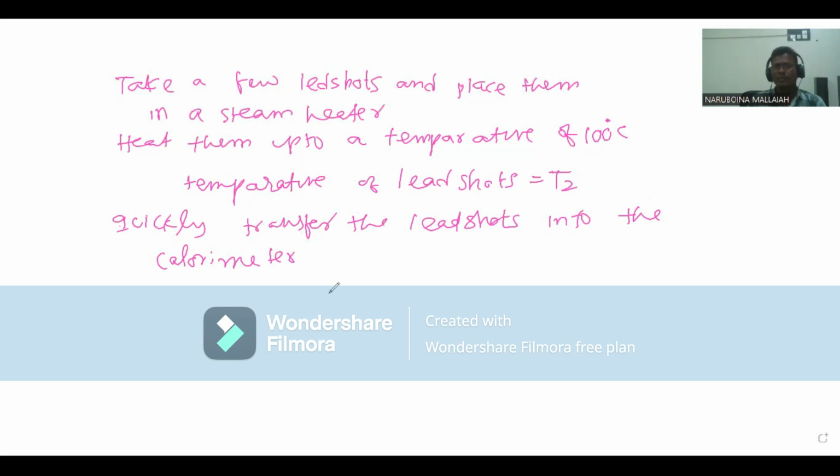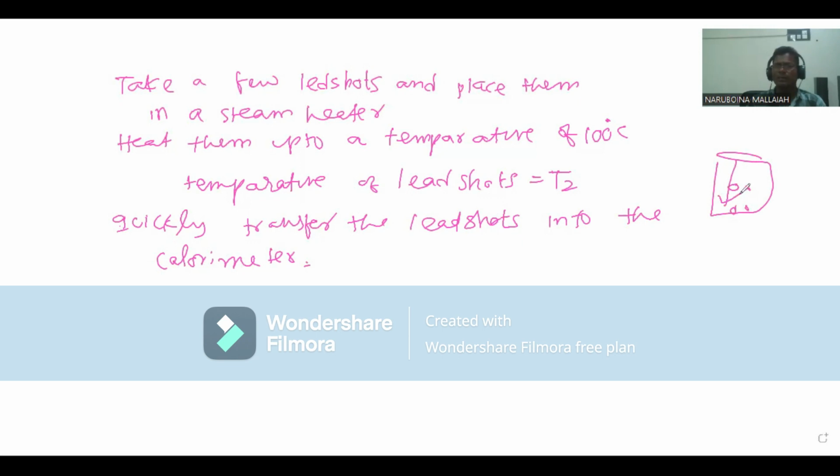After heating up these lead shots, we have to transfer them quickly into the calorimeter. Now these lead shots settle down. Whenever we place these lead shots, they go down.